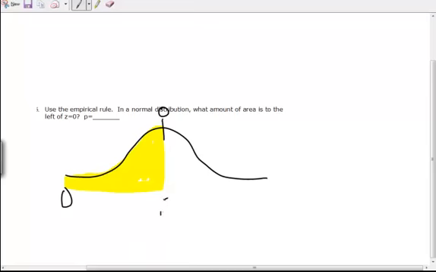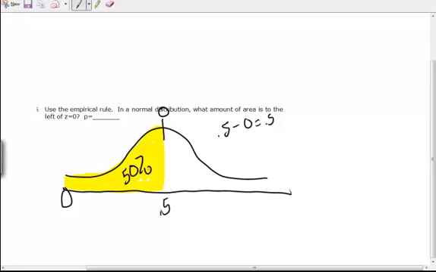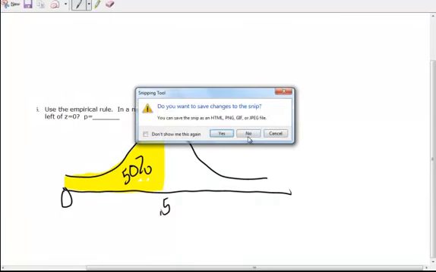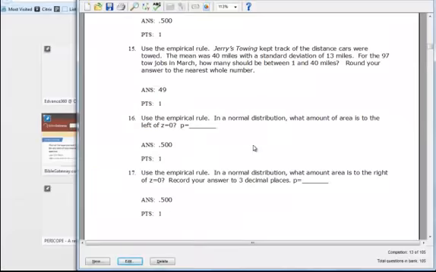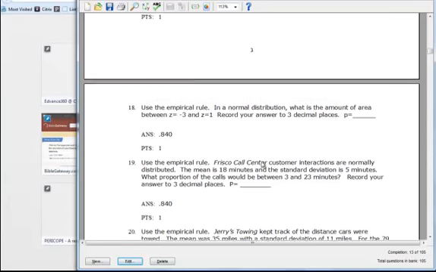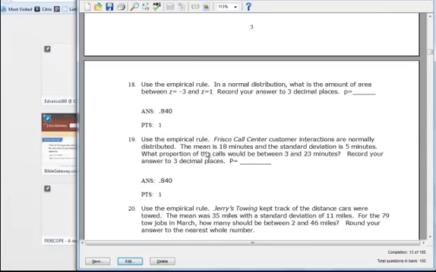And this is 0.5, so 0.5 minus 0 is 0.5, or 50% is to the left of 0, and 50% will be to the right of 0. Now, I think that's enough of those kind. I would like to do a couple more of these ones where we have differences.